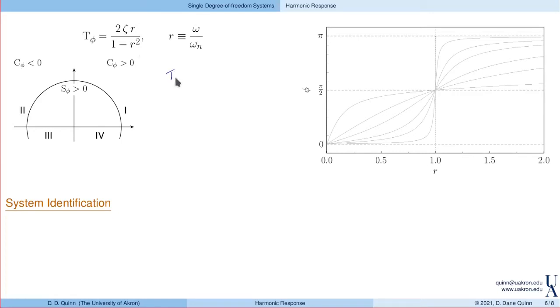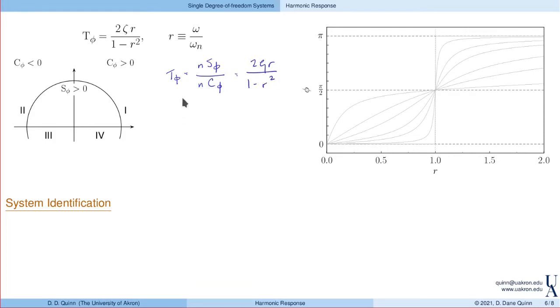So let me go and write the tangent of phi again, slightly differently. In general, 2 zeta r, we could write that as some constant times sine of phi. And the denominator would be, again, some constant times cosine of phi. Obviously, these constants would cancel out because tangent is sine over cosine. And again, that's got to be 2 zeta r and 1 minus r squared on the bottom.